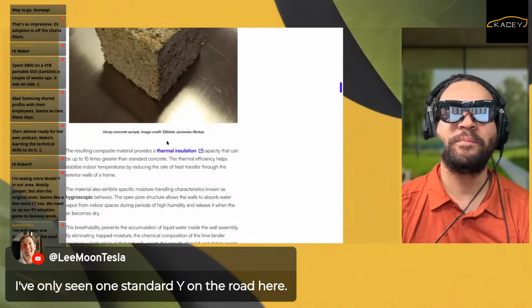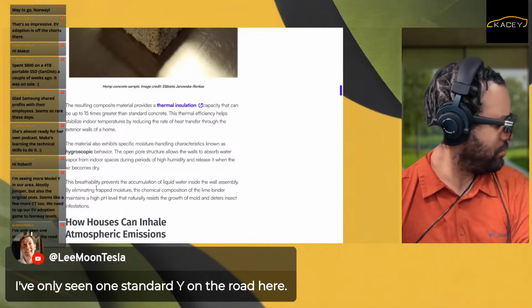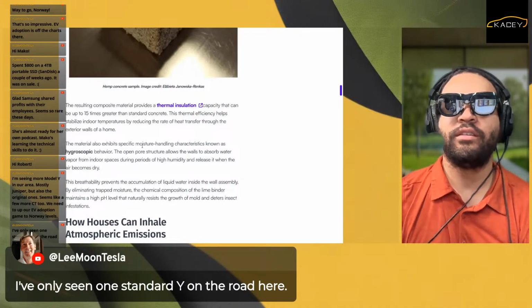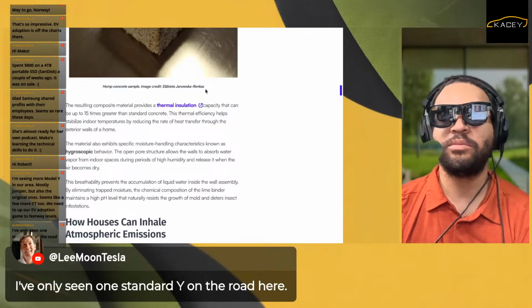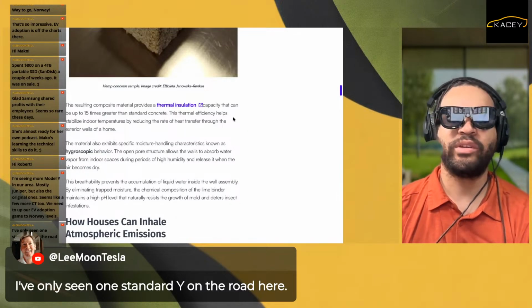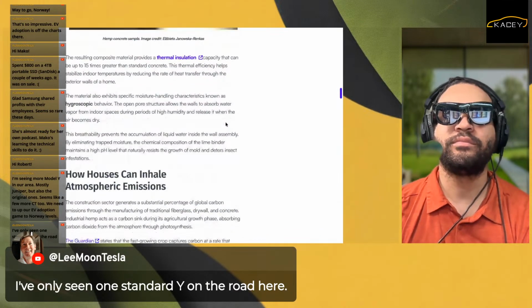Hemp concrete sample. The resulting composite material provides thermal insulation, a capacity that can be up to 15 times greater than standard concrete. This thermal efficiency helps stabilize indoor temperatures by reducing the rate of heat transfer through the exterior walls of a home. Interesting.